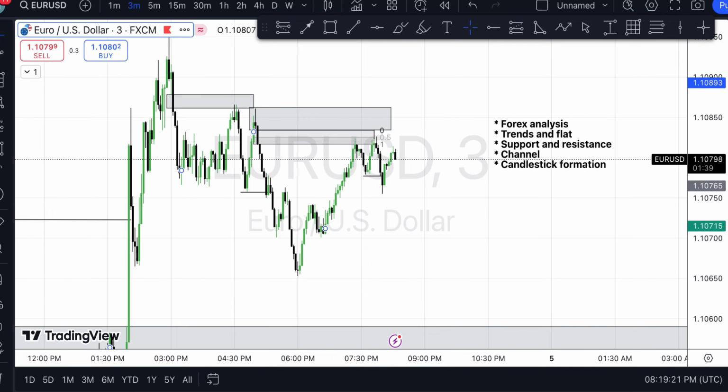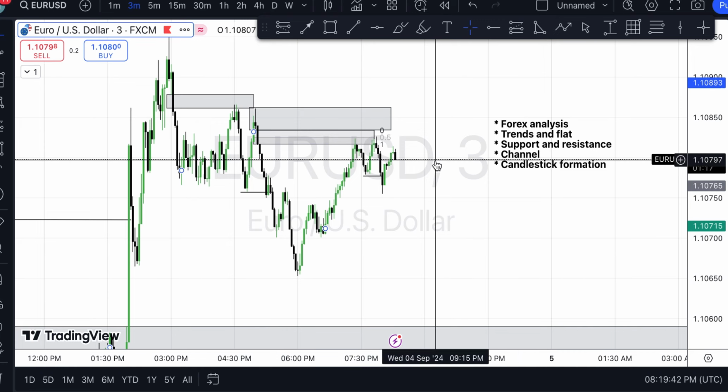Next, technical analysis uses historical price data, indicators, and chart patterns. And the last one is combining both analyses can provide a comprehensive trading strategy.